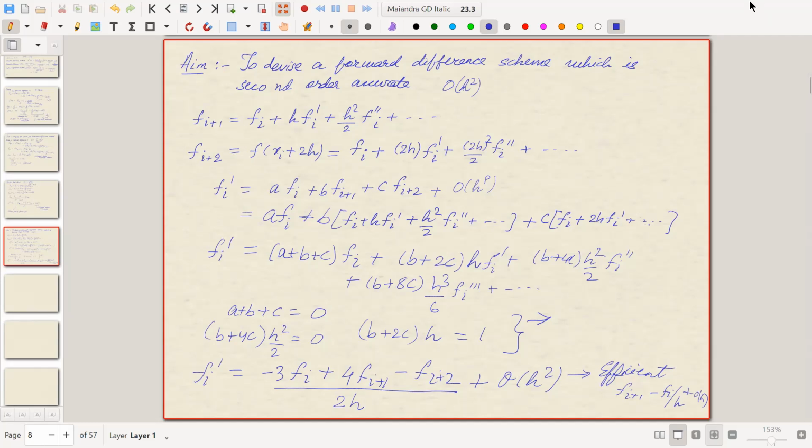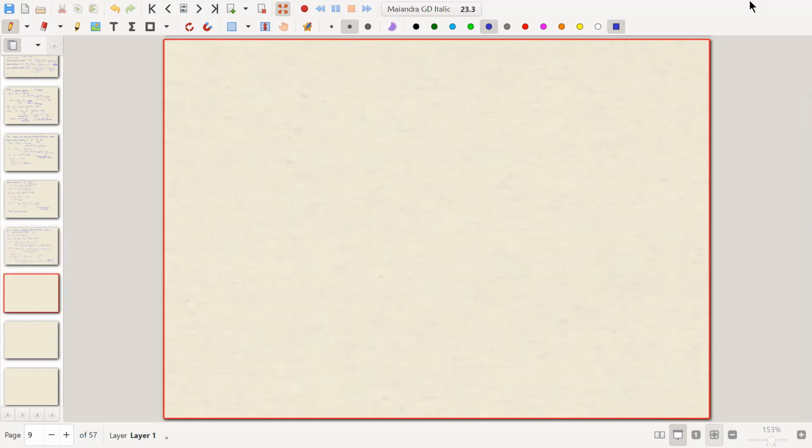Similarly, you can get a backward scheme also. I won't go into details, but I'll just write the formula for the backward difference scheme, which is second order accurate. We know the backward scheme with first order accuracy. Now I'm talking about backward difference with second order accuracy.